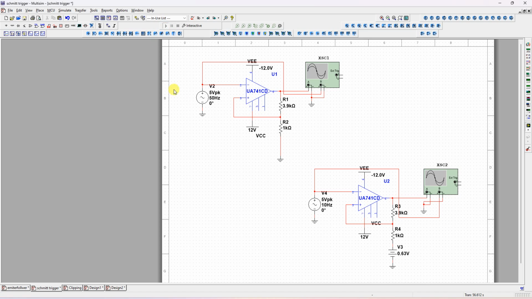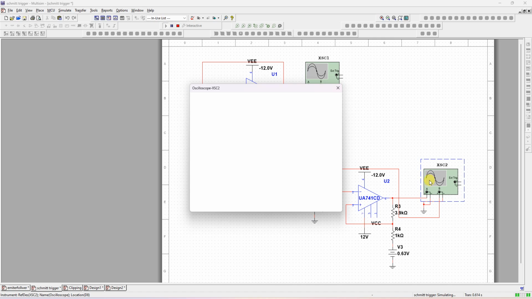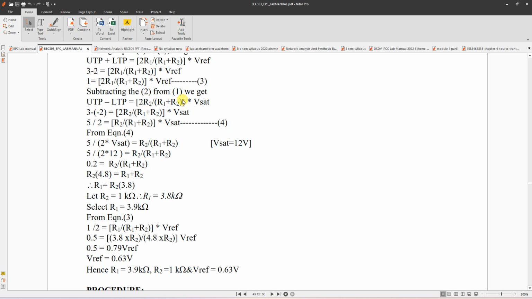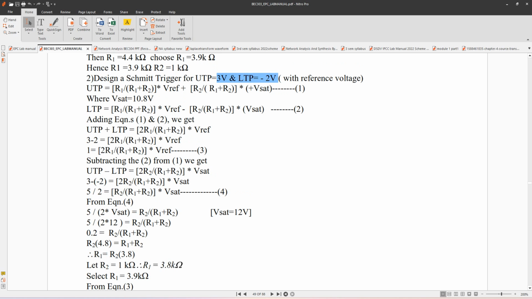Okay, now let us verify whether the design is correct or not. Minus 2 and plus 3. Let us check. Yeah, LTP minus 2, UTP is 3. The formula for the design with reference voltage is R1 V reference divided by R1 plus R2, into R1, plus V naught divided by R1 plus R2 into R2.